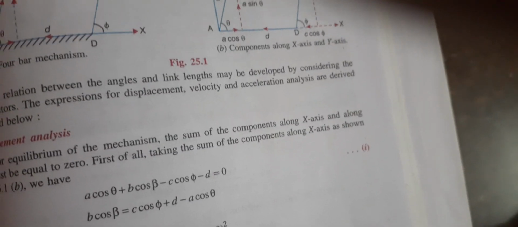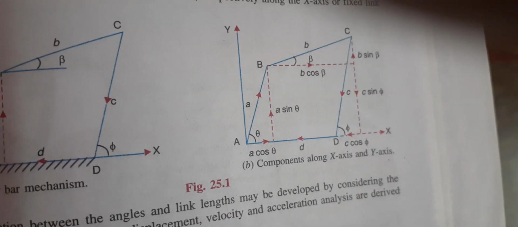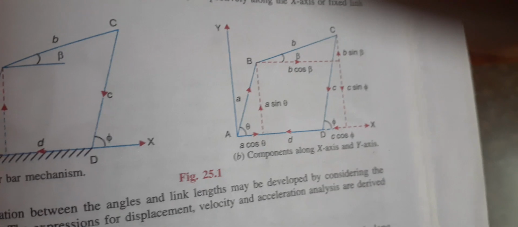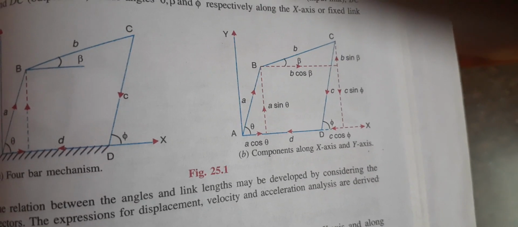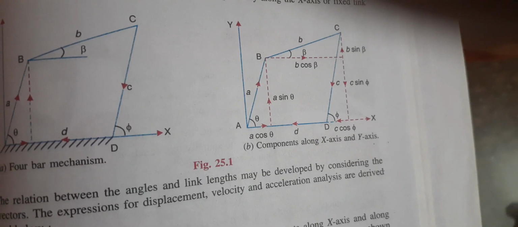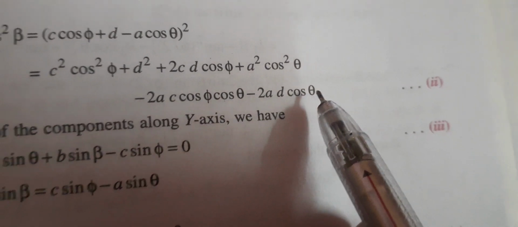So what will you get? c square sin square phi plus a square sin square theta minus 2ac sin phi sin theta. After doing all that, we add this equation to equation 1, the equation we found with the x-axis components, with the y-axis components.